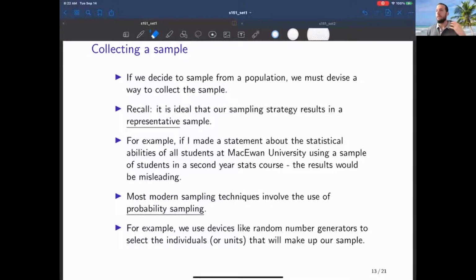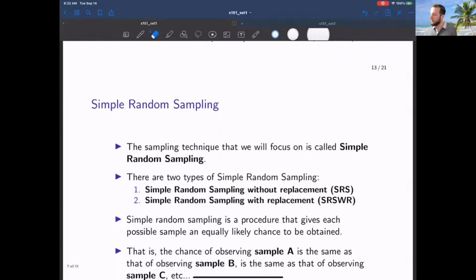So instead of just taking whatever information is readily available to me, I devise a scheme where I randomly select a different person from the population to enter into the sample. So in that sense, I'm sort of removing bias by not just taking what is the easiest thing, or not just selecting the person that would be the easiest to select. Okay, so there's different ways that we can do this.